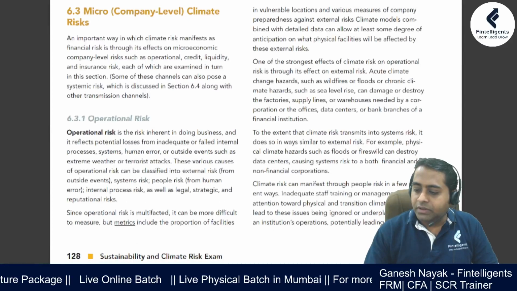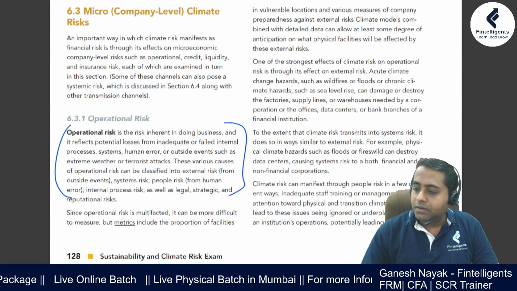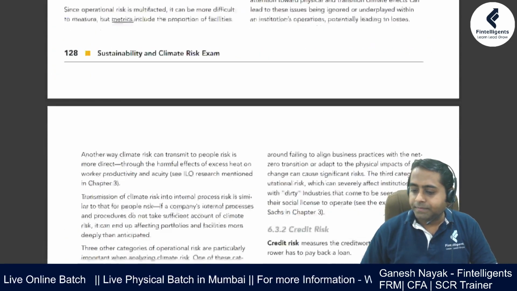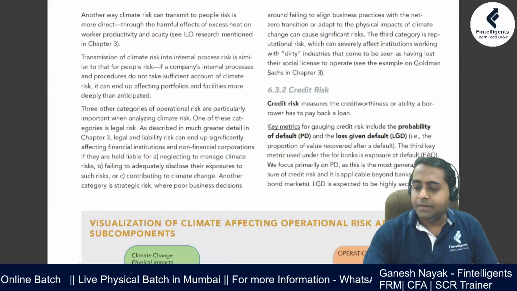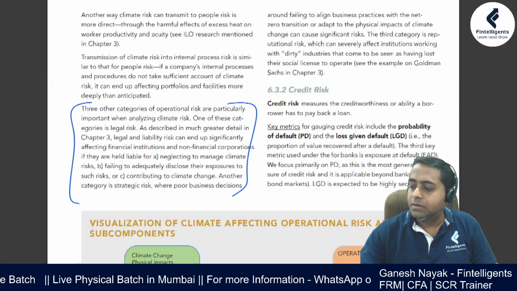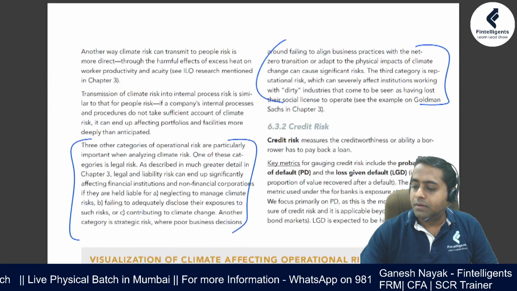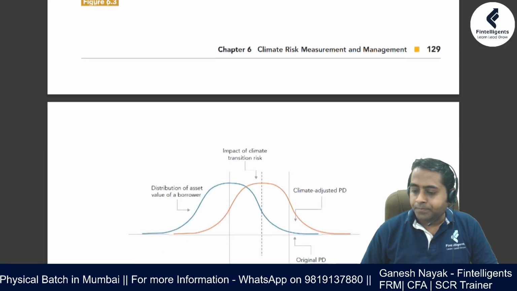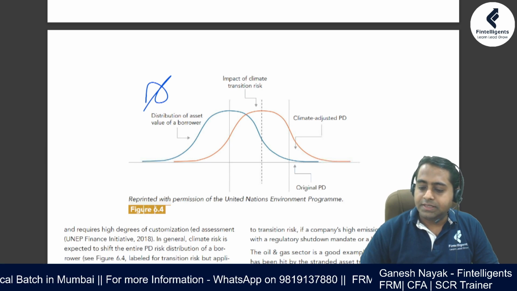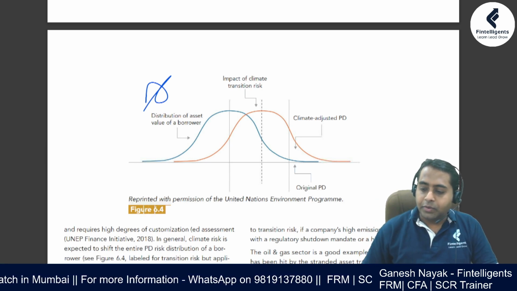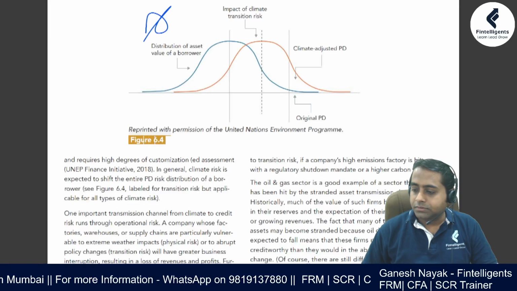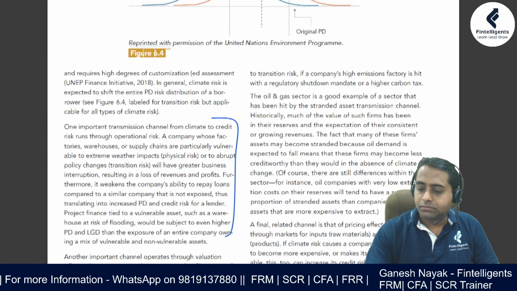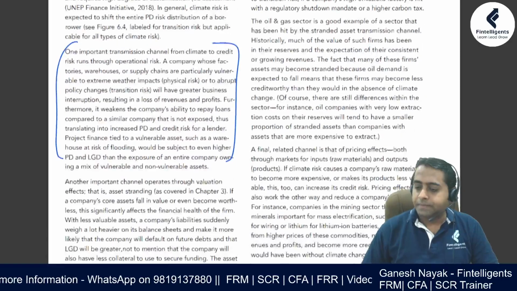So operational level, this paragraph and this paragraph, this one, mark this as star, and the theory related to it. Read this.